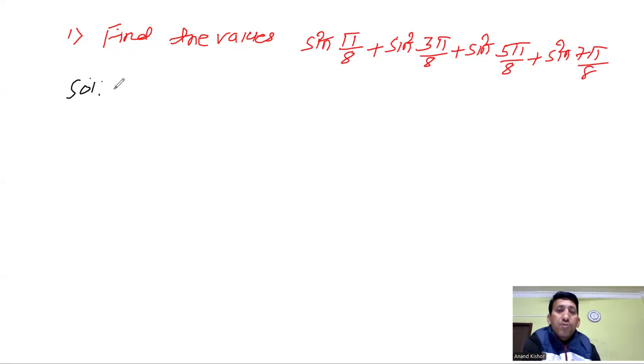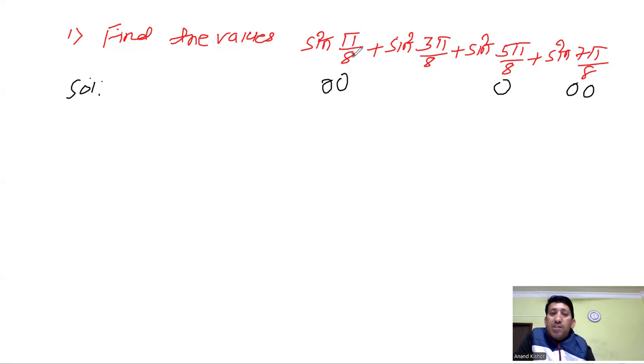Solution. So see, first we will check whether two angles are complementary or supplementary. Taking pi by 8 and 5 pi by 8: 5 pi plus pi is 6 pi by 8, no. So 5 pi by 8 and 7 pi by 8: 7 pi plus pi is 8 pi by 8, which means pi.